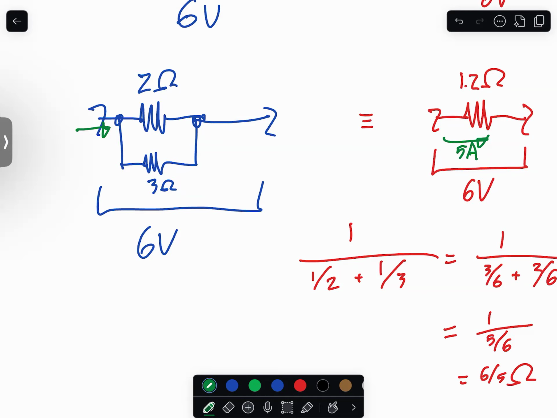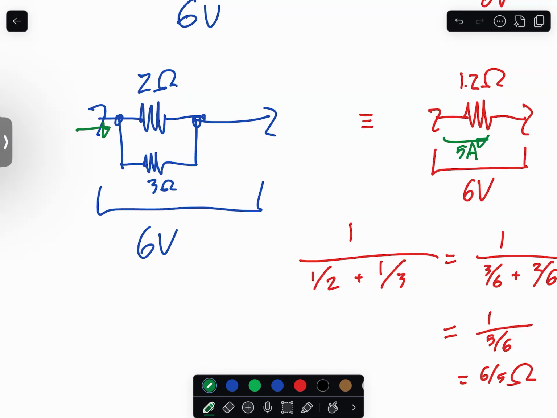Again, I define equivalent circuit as apply the same volts, get the same amps. The correct answer is 5.